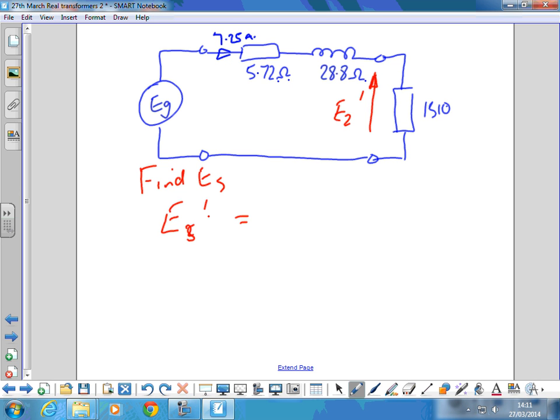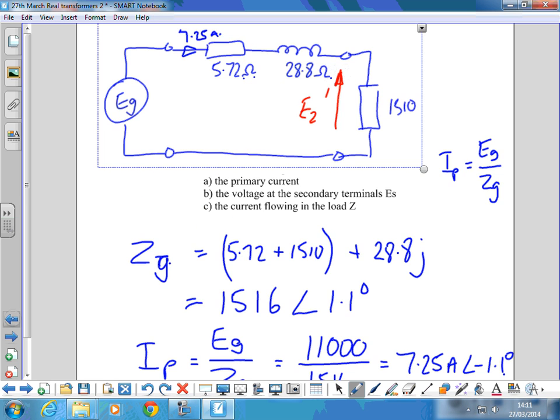You've been asked in the question to find the voltage at the secondary terminals under these conditions. Nominally that's 400 volts, but that's not taking into account the losses because of the fluxes here. So you ain't going to get 400 volts because we're only putting the nominal voltage on.